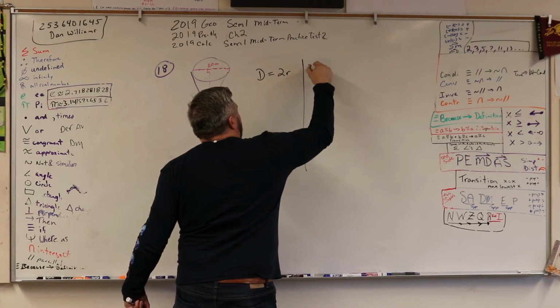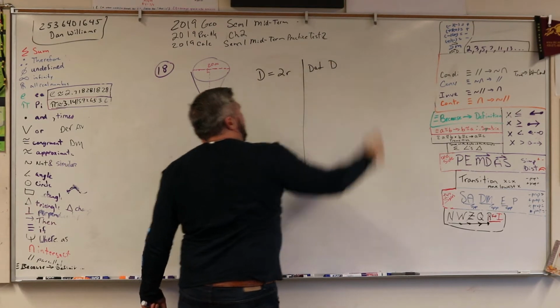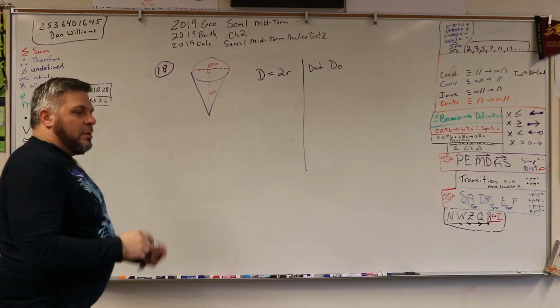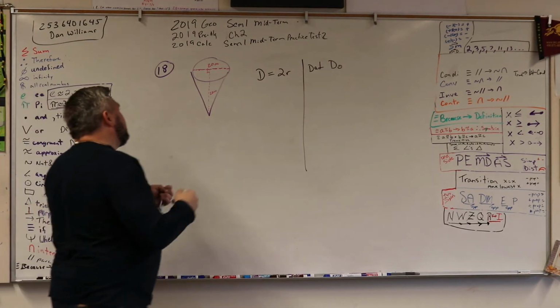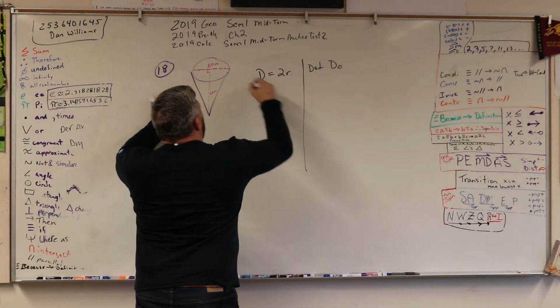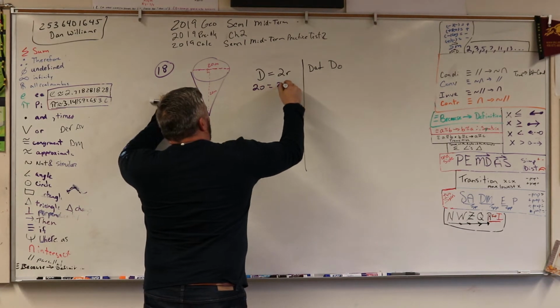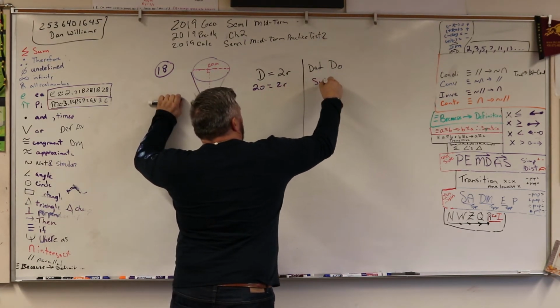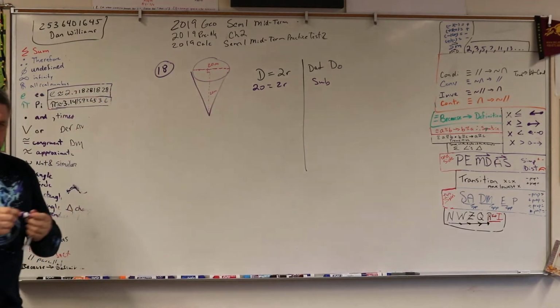That is the definition of the diameter of a circle. So substitute in 20 equals 2r, right? And that is substitution. Correct?